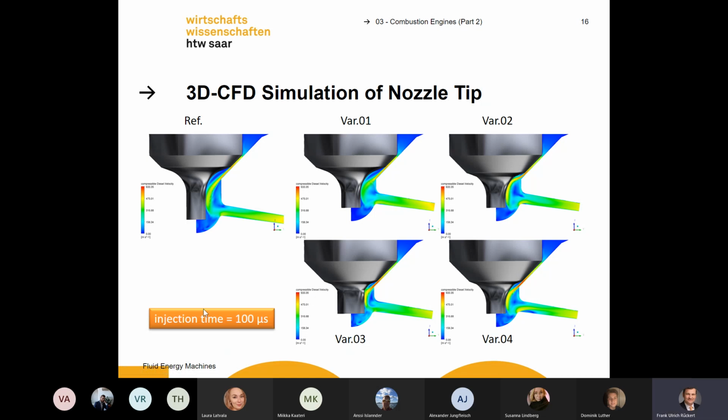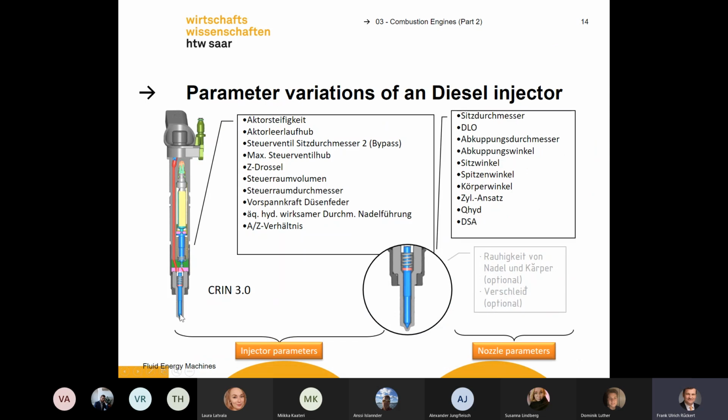You can see another small slide. That's a simulation I did a long time ago with ANSYS CFX, and here you see the detailed fluid flow around the tip of the nozzle. The tip of the nozzle is just here at the lower end of the nozzle. It's a really small tip.